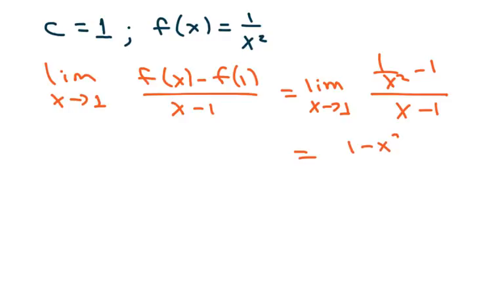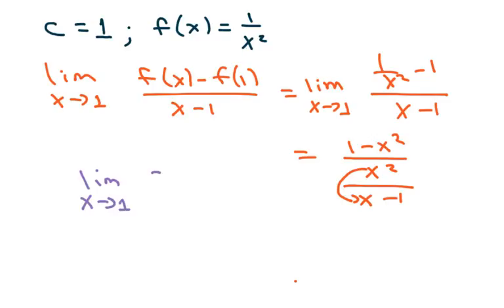That's 1 minus x squared, with the same common denominator, over x minus 1. I'm going to bring it down. I'm going to put the -1 here and write this as x squared minus 1, and bring x squared down to the denominator.